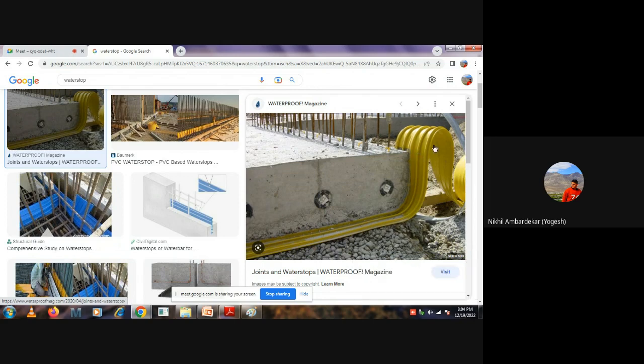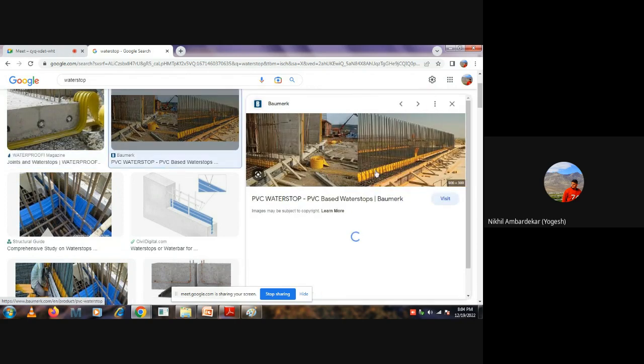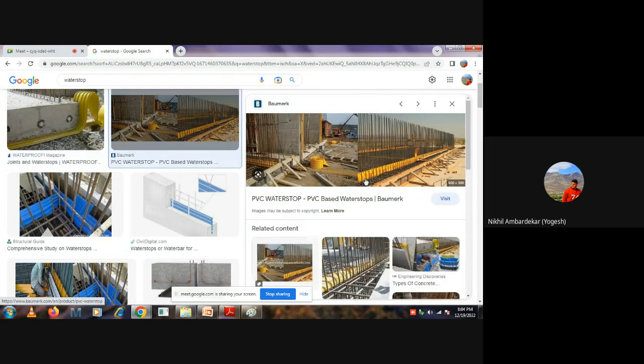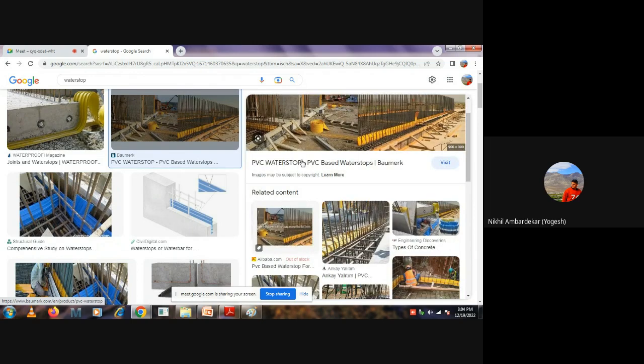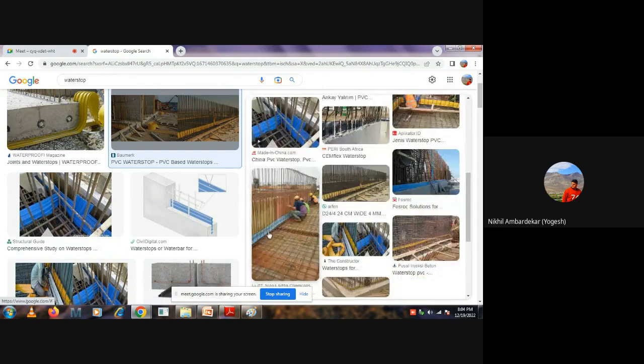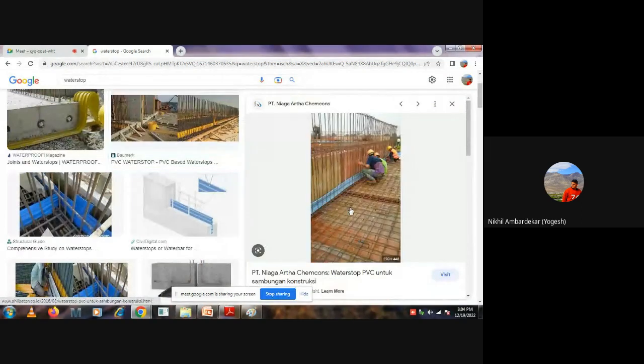Same thing here: a vertical water stop is provided, so water will not come out directly from the wall base. It is typically used everywhere in water construction.